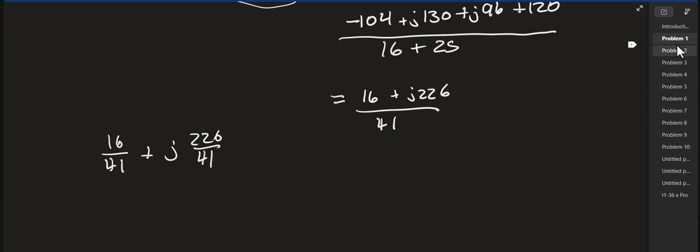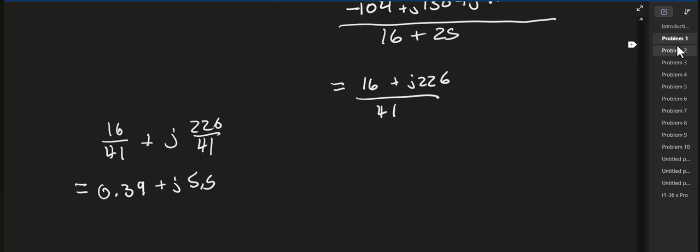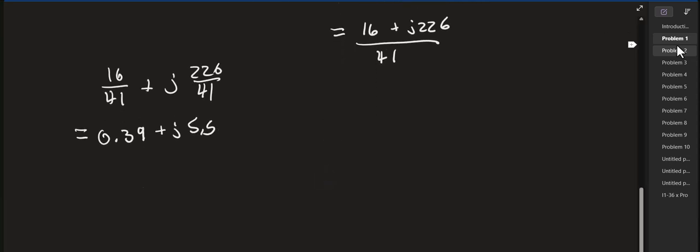So now I need to change this to polar. Let me get these as decimals. This is 0.39 plus j5.5.